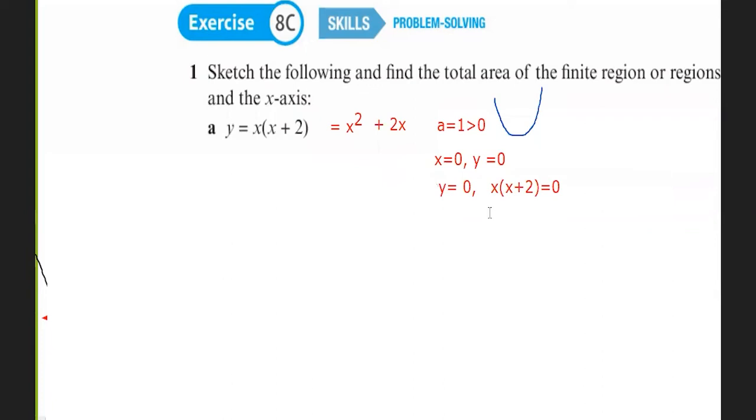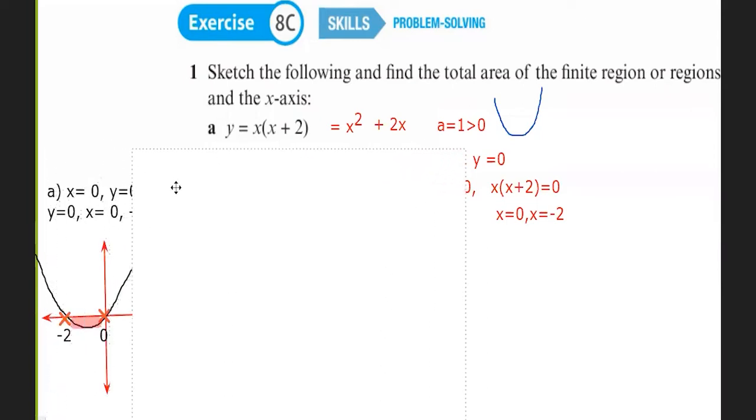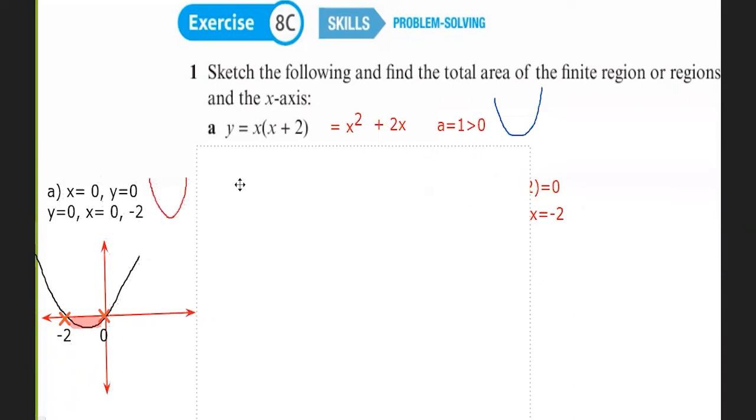If we solve, we get x equals 0 and x is equal to minus 2. So now we're ready to sketch the graph, with x equal to 0 and x equal to minus 2 when y is 0, and it's a U-shaped graph. So it's going to look something like this.